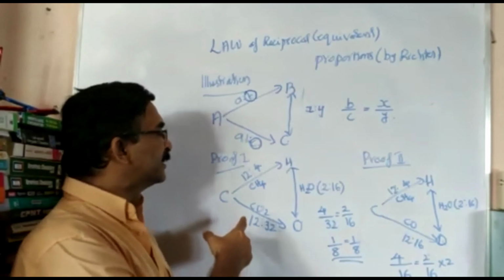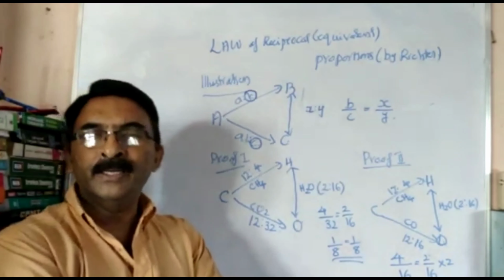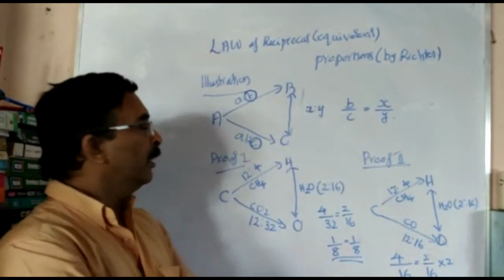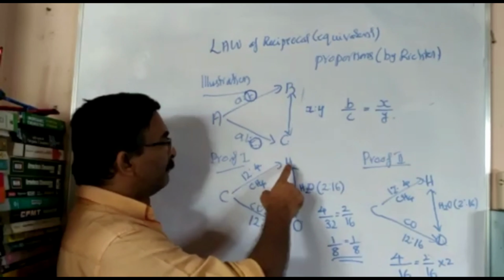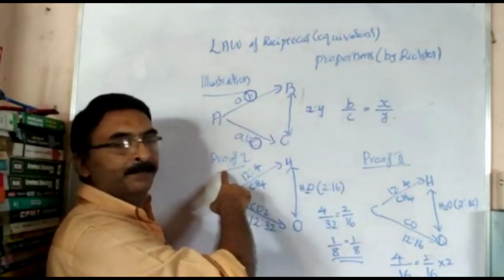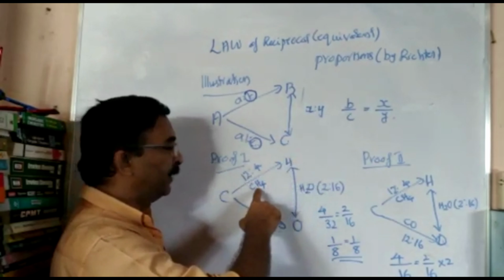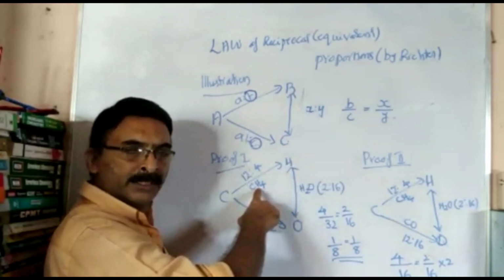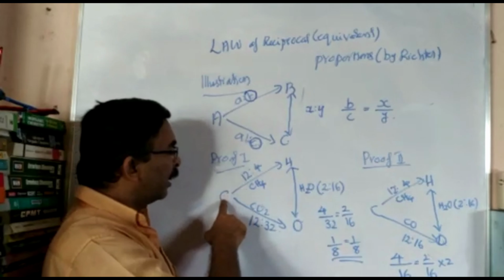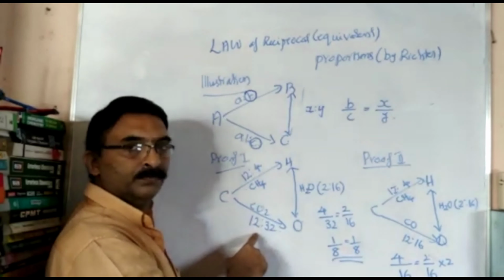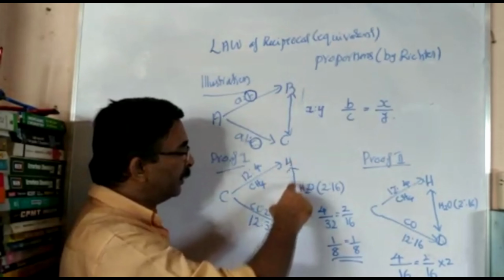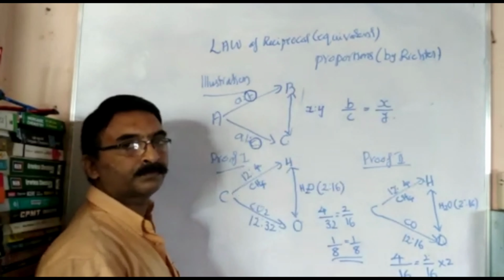For example, we will see the case of carbon, hydrogen and oxygen. We have two proofs here. I am giving the first proof. Carbon combines with hydrogen to form methane. You can take any compound; for the time being, I have taken methane. Carbon combines with oxygen to form CO2. And at the same time, hydrogen and oxygen combine to form H2O.